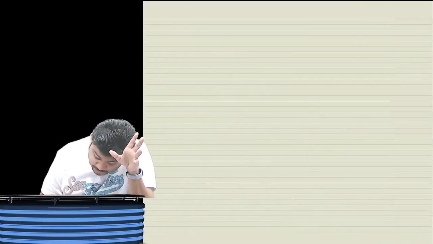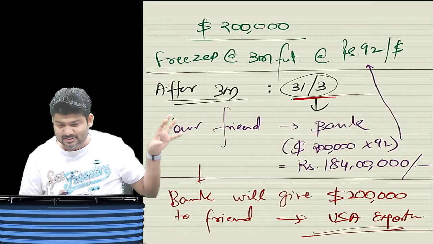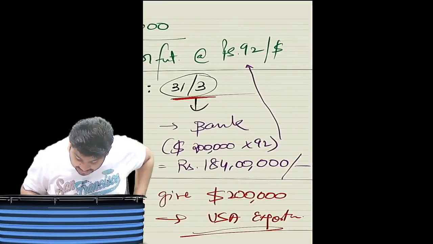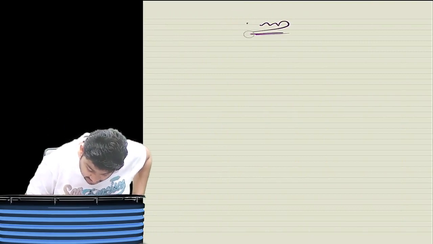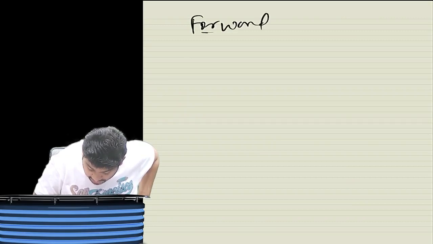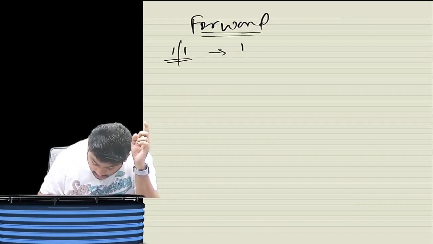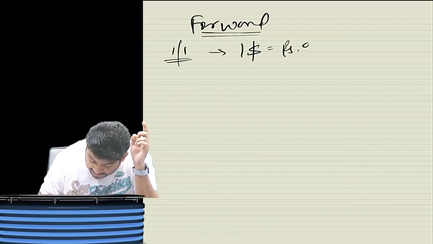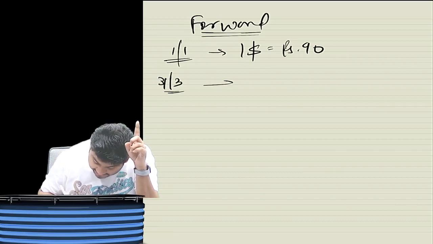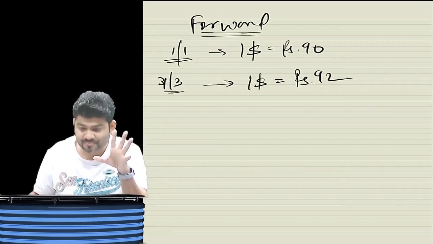Now, what will the futures agreement do? The same thing. Now, what happens is, see, in forward, you have freezed it at rupees 92. Okay, in forward, what did you do? On 1st of Jan, the dollar was rupees 90, but you freezed it 3 months later for yourself at $1 equal to rupees 92.